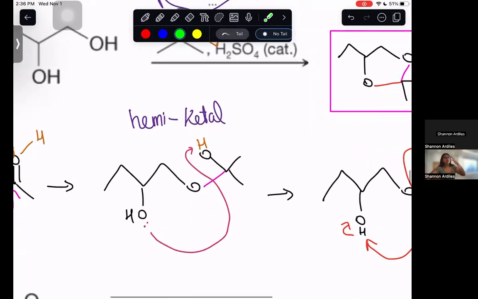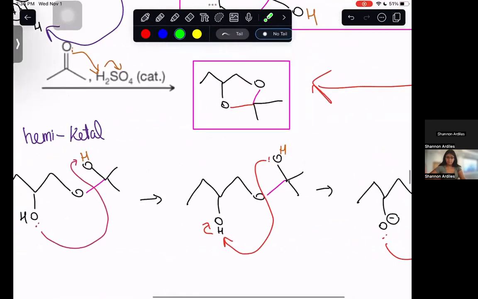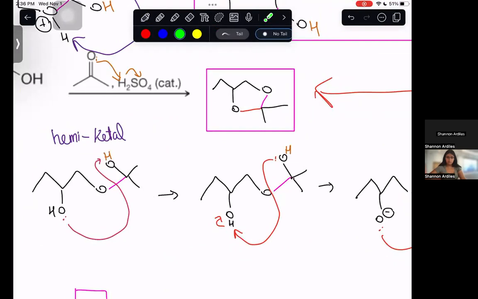Now, at this point, similar process to what we saw before. This oxygen is going to grab one of those hydrogens. Sorry, that should be backwards.